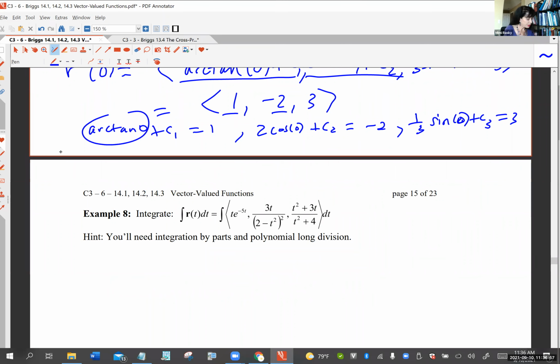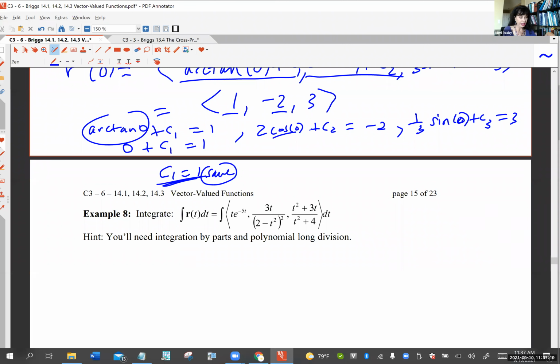So does anybody remember what arctan of 0 is? If not, you can punch it up on your graphing calculator. Is it 0? Yes. 0 plus C1 is 1. Oh, good. We have C1 equal 1. Save that for later. Okay, how about cosine 0?